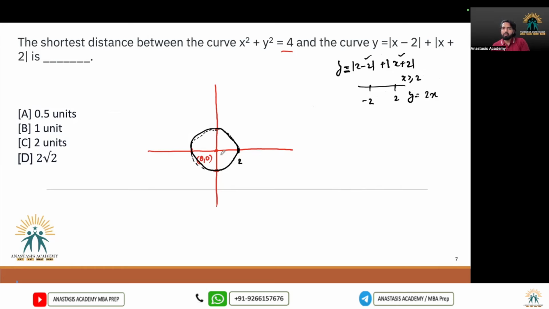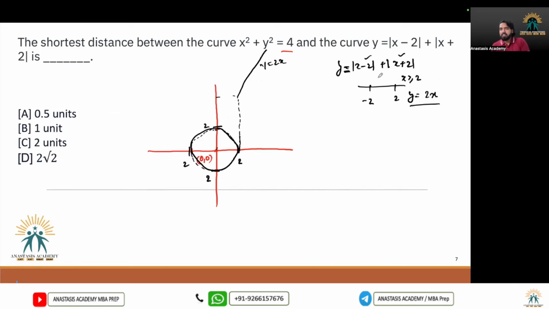Now at x equal to 2, y equal to 2x is a straight line passing through origin, having a slope of 2. So at x equal to 2, the value of y would be 4, right? And this line would be passing through this point, slope of 2. So this is the line of y is equal to 2x.